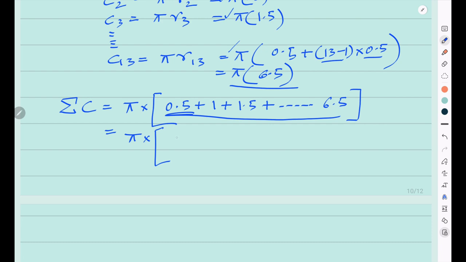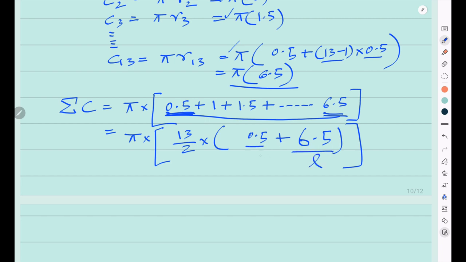So let us apply the formula. What will be the sum? There are how many terms? 13 terms. So 13 divided by 2 times, we can also use the second formula, but let us use the first formula. A plus L, where L is the last term, A is the first term, and n by 2.